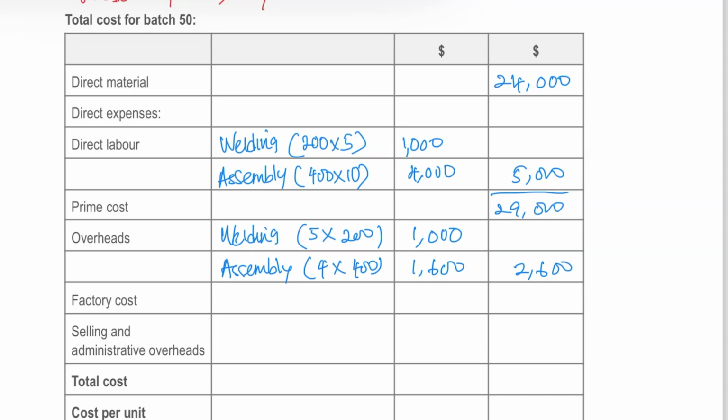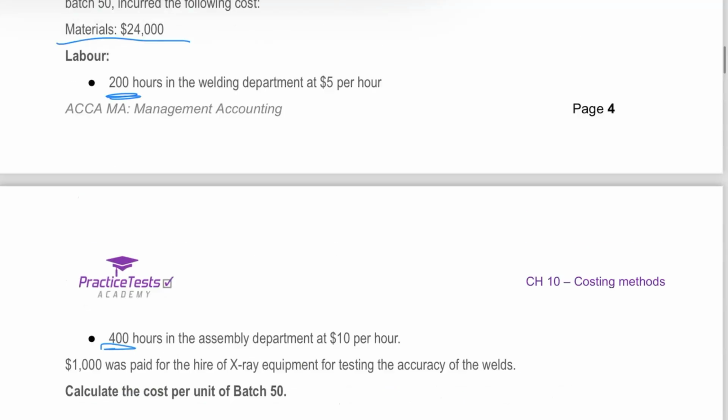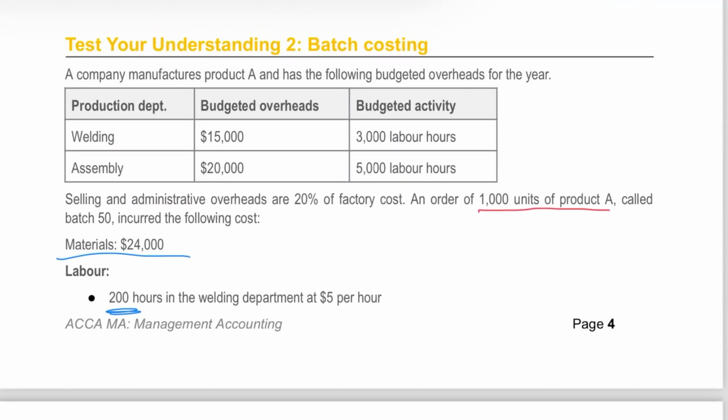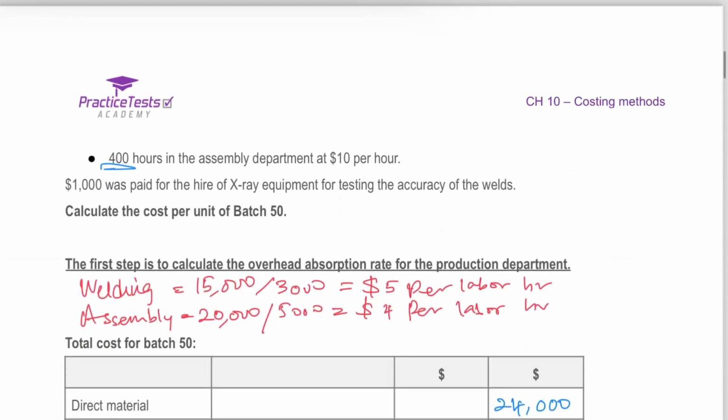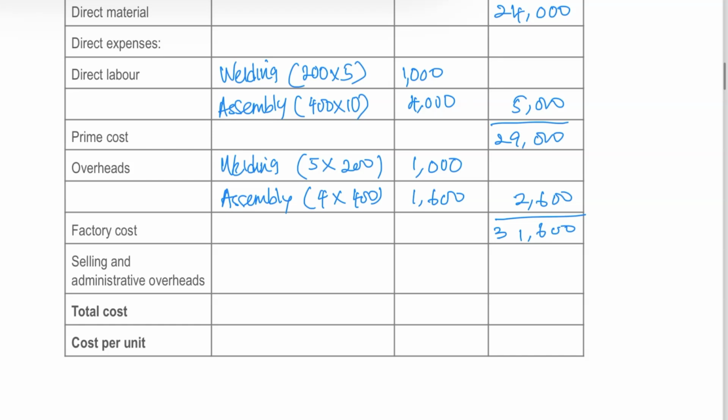So total factory cost therefore will be 31,600. Then we have the selling and administrative cost that we need to include. So selling and administrative cost are 20% of factory cost. So what is the factory cost? 31,600 multiplied by 20%. We will have 6,320. Then we have the total cost.